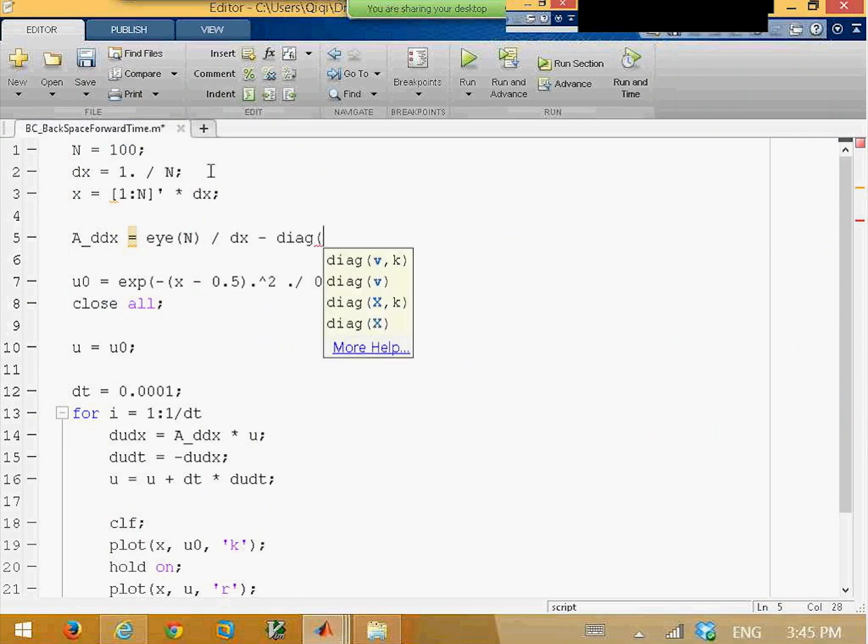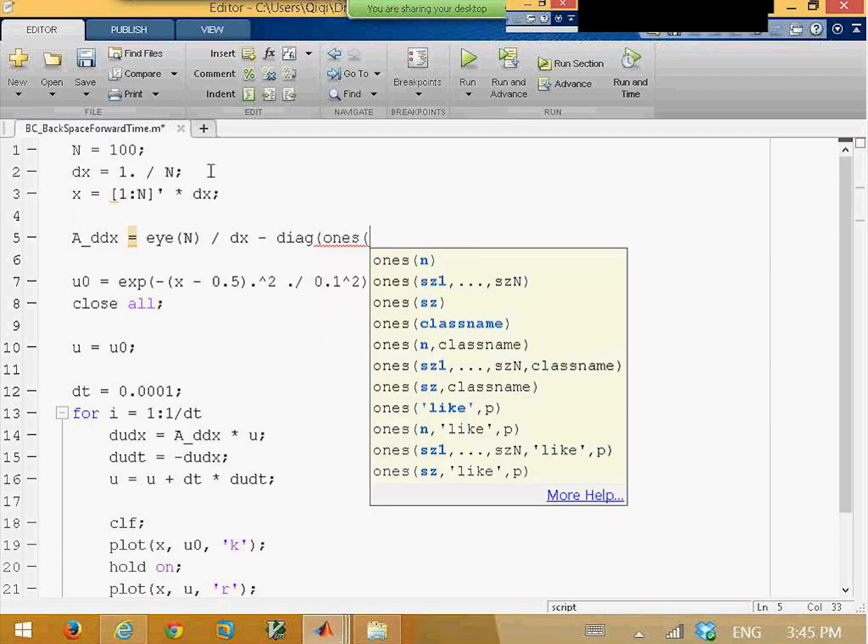Diag is a function where you need to give me what are the elements on the diagonal and how much I shift it. If k is equal to 0, then the elements lie exactly on the diagonal. If k is equal to -1, I get exactly what I want, because it's shifted towards the lower diagonal.